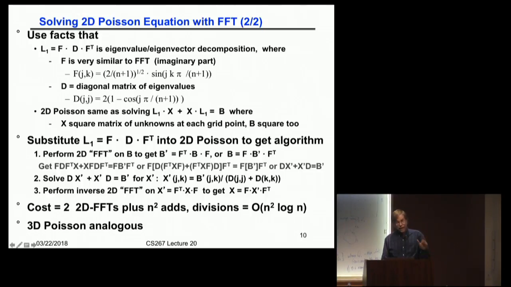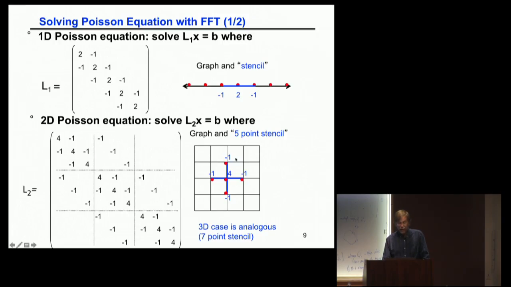And then the other observation I make is that the 2D Poisson equation is the same thing as the following. Suppose I arrange my unknowns in an array, so my unknowns are not just a vector, it's this whole array. What does this say? It says, please take 2 times this guy, subtract the neighbors above and below, and then add another 2 times this guy and subtract the neighbors from the left and the right.